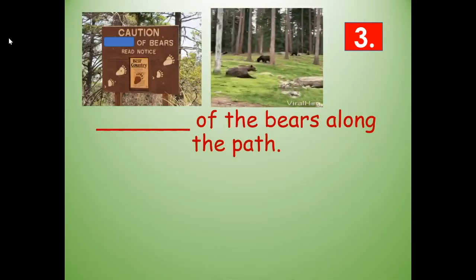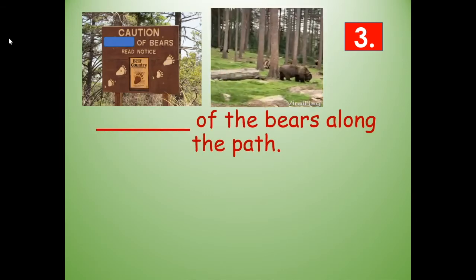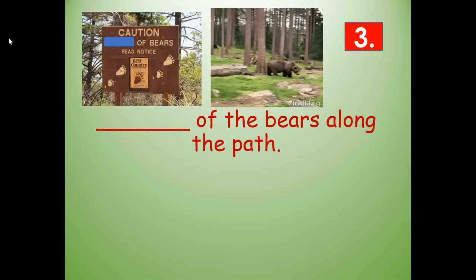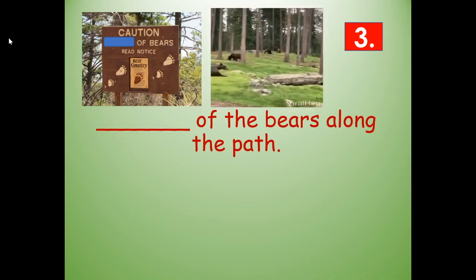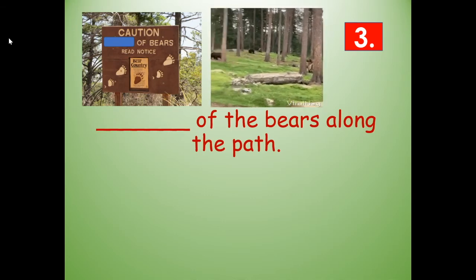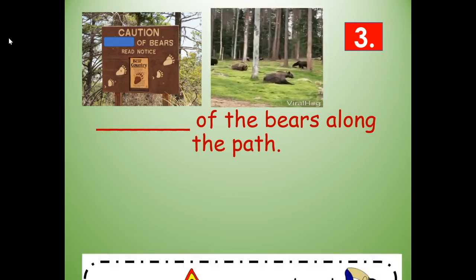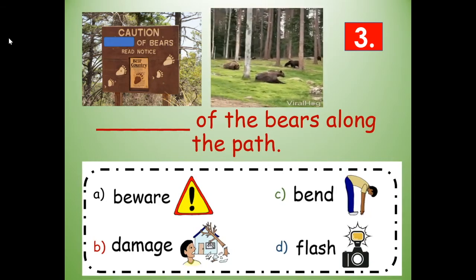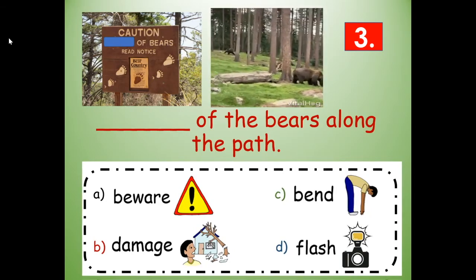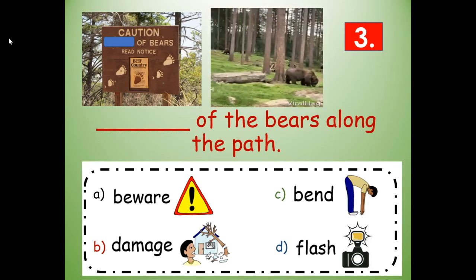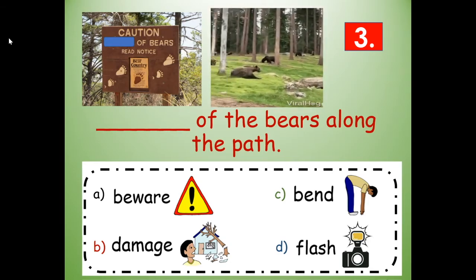Number 3, blank of the bears along the path. So there's a sign that says caution, blank of the bears along the path. So would it be beware of the bears along the path? Or would it be damage of the bears along the path? Bend of the bears along the path?